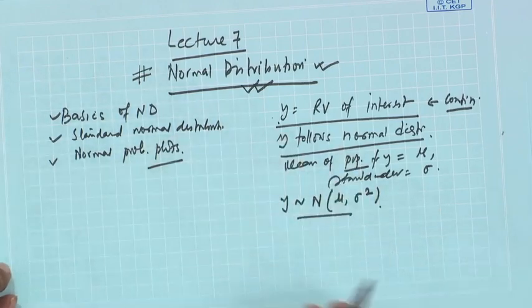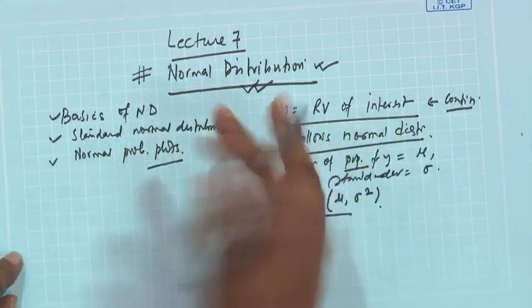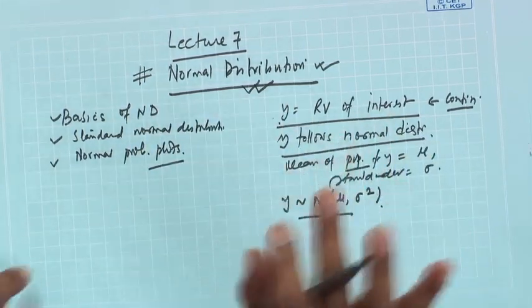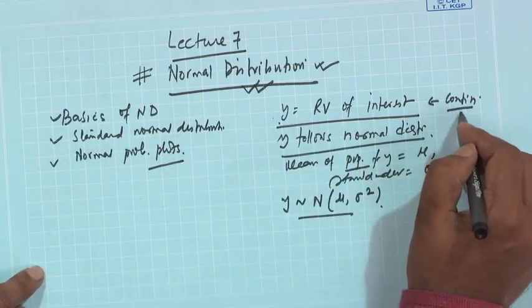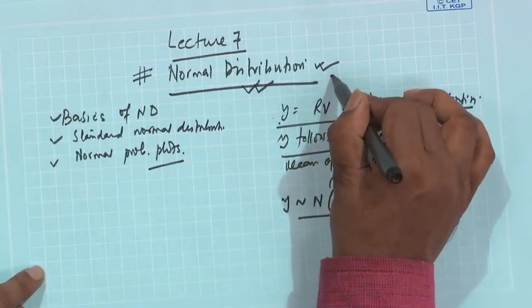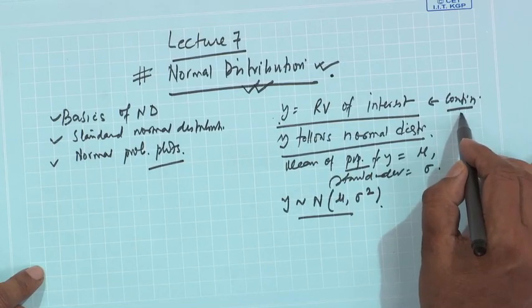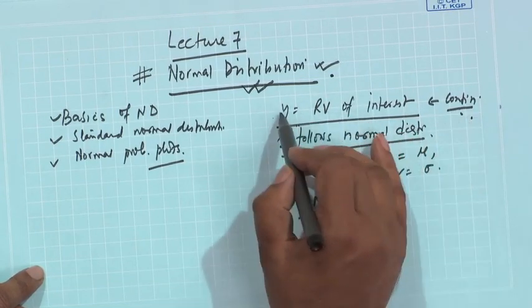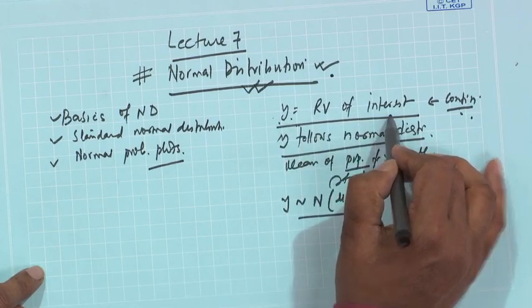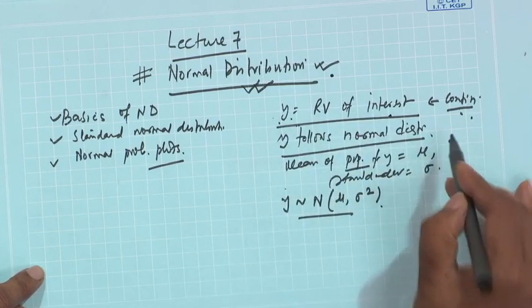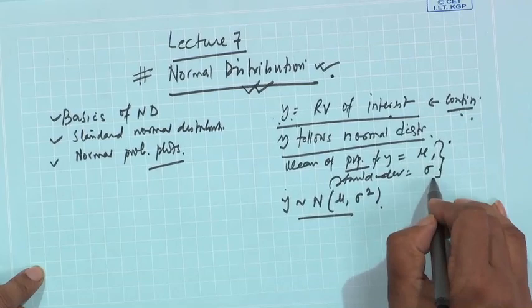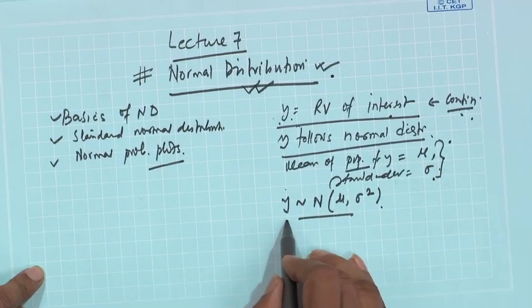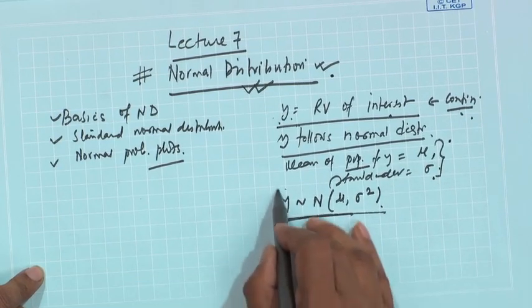There are certain transformations after which you can use the normal distribution, but for the time being you understand that the normal distribution is a continuous distribution, so y, the variable of interest, must be continuous, and we are assuming that y follows a normal distribution with parameters mu and sigma, and we are denoting y in this manner.